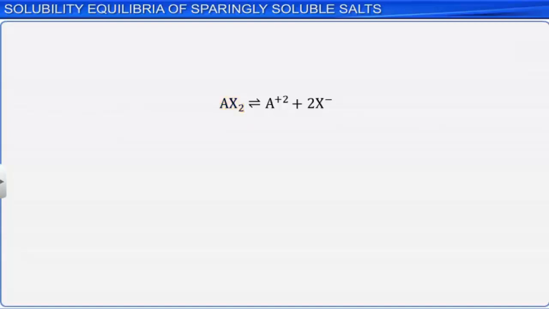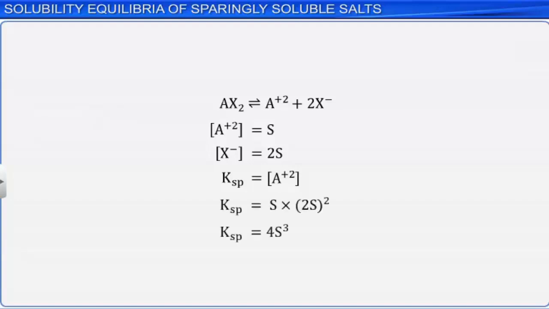The equilibrium reaction for this dissociation may be represented as AX2 in equilibrium with A²⁺ and 2X⁻. The solubility product Ksp for the salt AX2 can be written as Ksp is equal to the product of the concentration of A²⁺ and X⁻ raised to the power of 2.